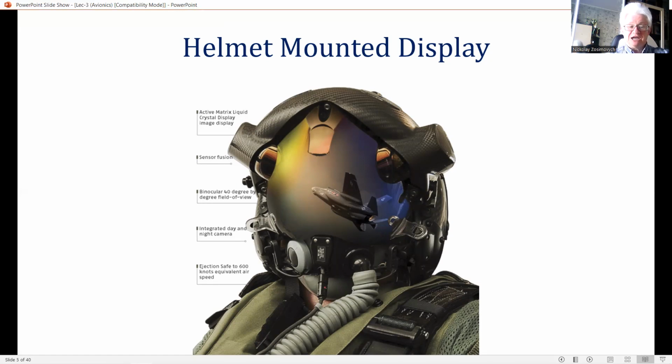In its most sophisticated form, the HMD can provide, in effect, a HUD on the helmet. This can display all the information to the pilot which is normally shown on a HUD, but with the pilot able to look in any direction.